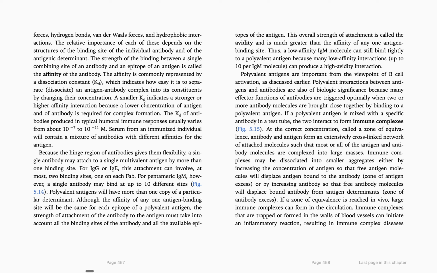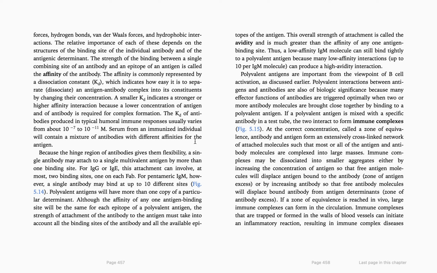A small dissociation constant indicates a stronger or higher affinity interaction because a low concentration of antigen and of antibody is required for complex formation. The dissociation constant of antibodies produced in a typical humoral immune response usually varies from 10 to the power negative 7 to 10 to the power negative 11.